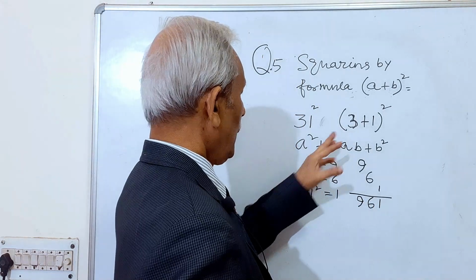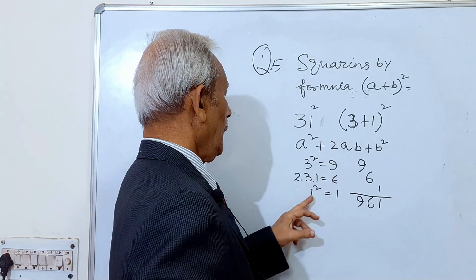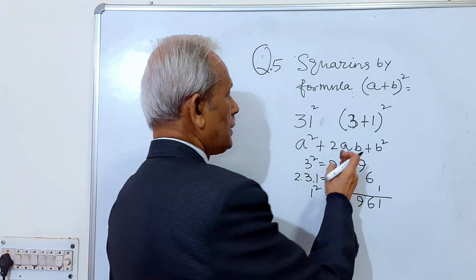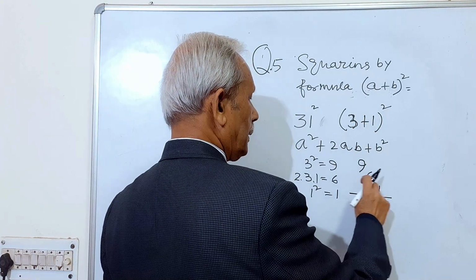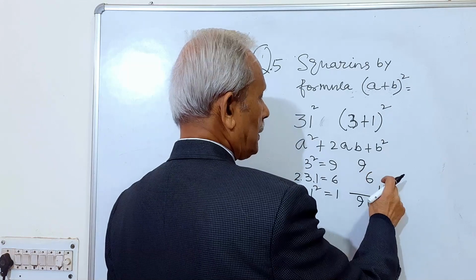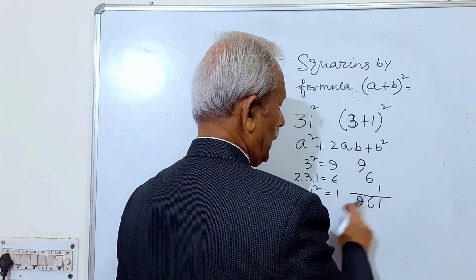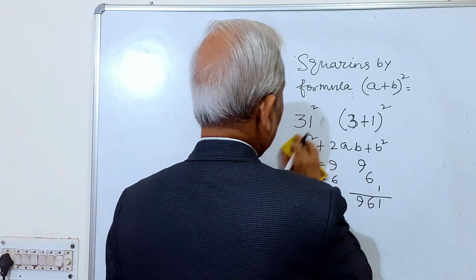A plus b whole square, 3 square is 9, 2 into a into b is 6, and b square is 1. And then since there is 1 zero after 3, we'll shift it by 1 digit. So 9 here, 6 here, shifted by 1, 1. Add it: 9, 6, 1, so 961 is the answer, that is the square of this 31.